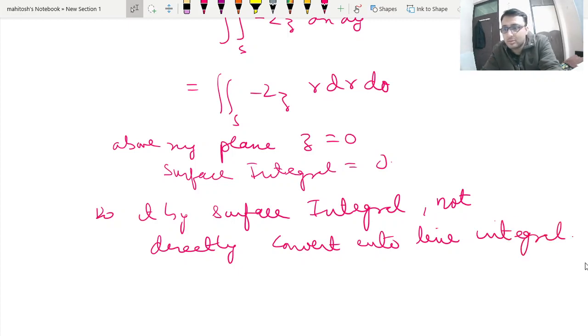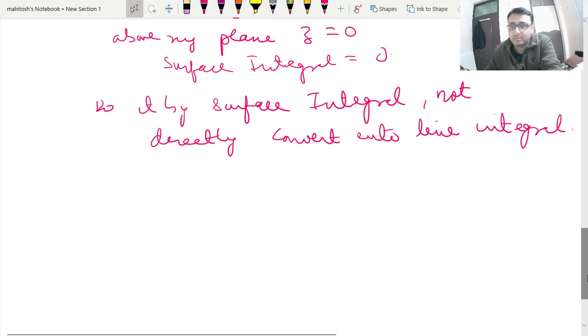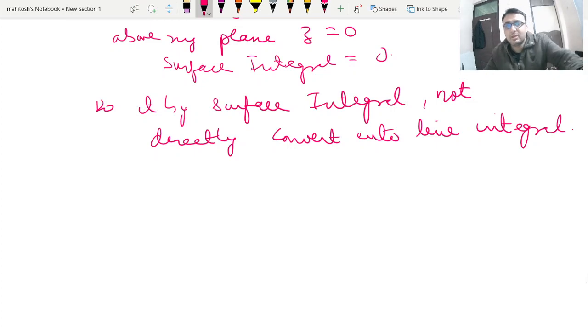Okay, so marks may be deducted for that. Okay, because they are specifically asking you to evaluate, so you have to evaluate, but whatever has been given in the question, if you do not follow, then marks will be deducted. If you are not knowing, then that's fine, you will get some marks. Okay, so let's try with the line integral as well.